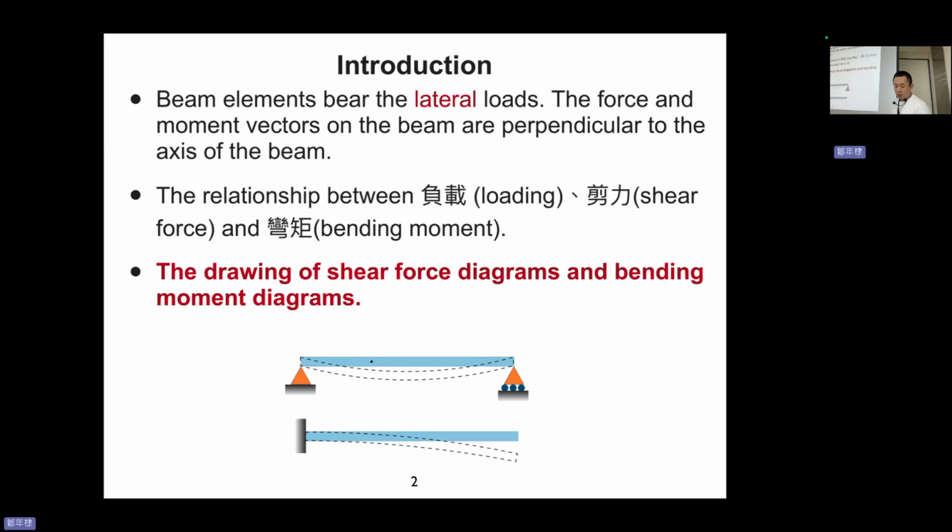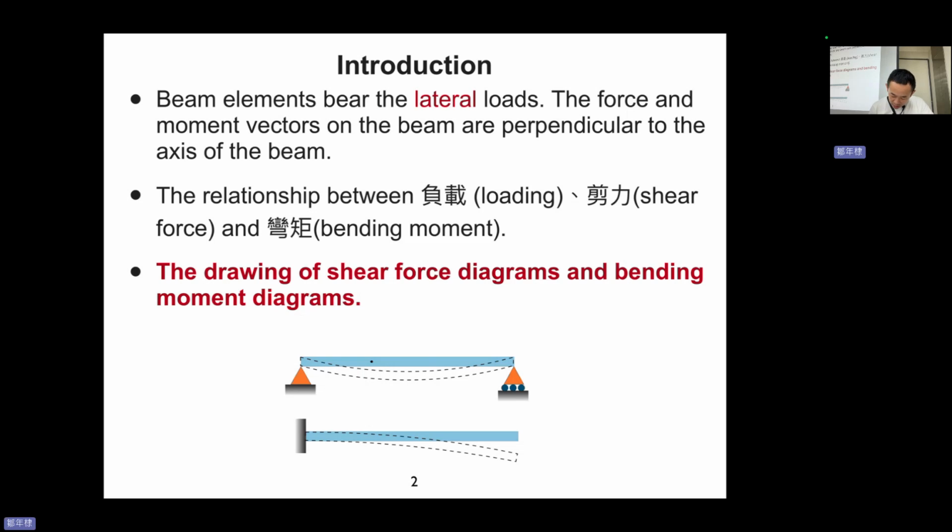So now we are going to see a beam element bearing lateral loads. What is lateral? This is axial, 轴向. What is lateral? Okay, so the lateral loads are all in the XY plane.